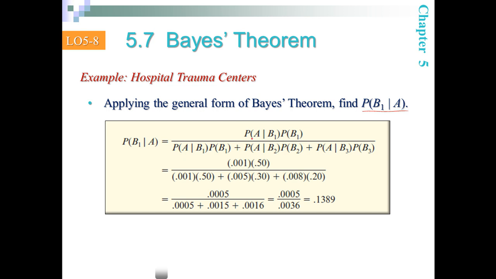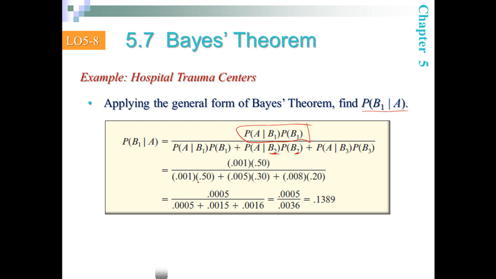Probability of B1 given A is just the probability of A given B1 times the probability of B1, divided by the probability of A, which we can write as, notice this same thing is right here, so that goes into the denominator, plus the same sort of calculation for the other hospitals. So we just take all these numbers and plug them in.